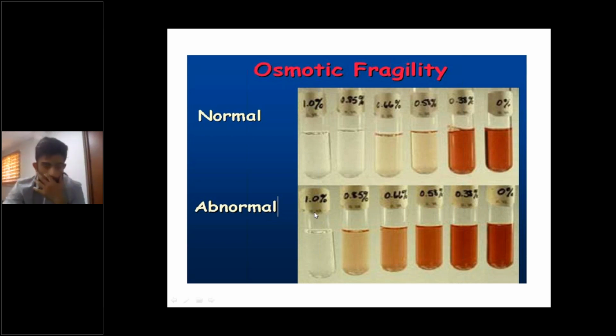In the abnormal case, even at 0.8% you can see a little bit of hemolysis, at 0.6% a little bit more, and gradually it increases. You can see more hemolysis even at 0.6% and 0.5% normal saline.